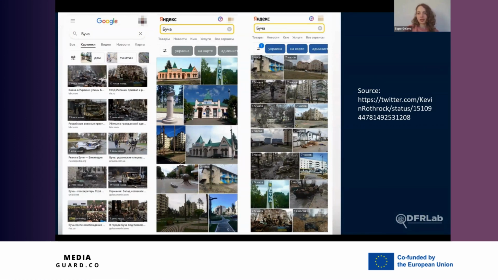If you want the same results in Yandex, it is not a default setting, so you need to change settings to receive the newest updates. And how many people will do that? Almost nobody. When you type Bucha, this is what you get, and you don't really receive information about war crimes and all these atrocities unless you change settings.